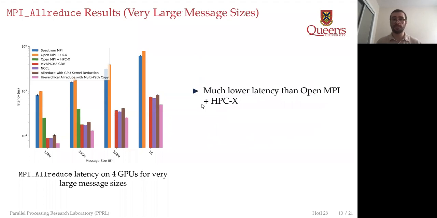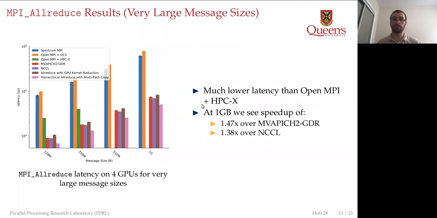And then for large messages, we got significantly lower latency than the HPCX implementation. And at 1 gigabyte, we see a speed up of 1.47 times over NVLink GDR and 1.38 over NCCL. So these message sizes is where we see the most benefit of using our multipath copy with our collective design.